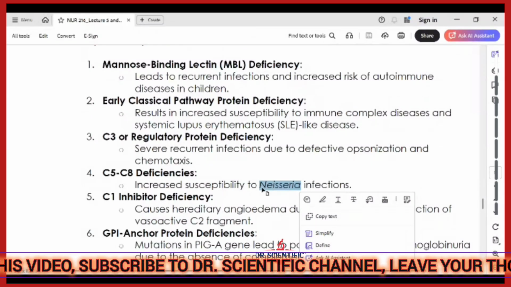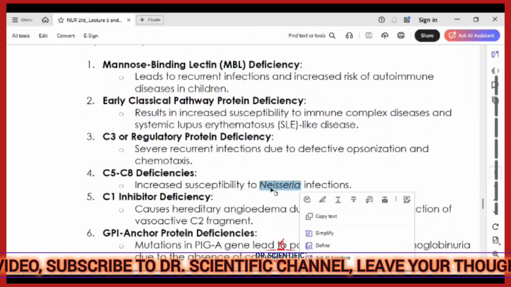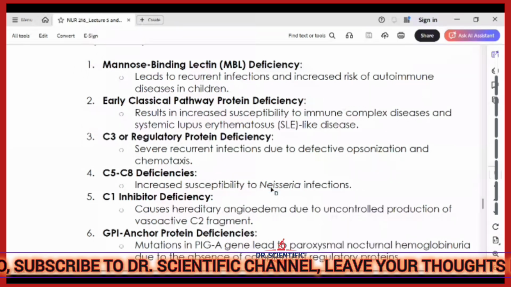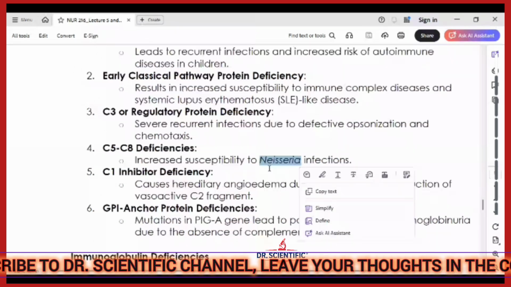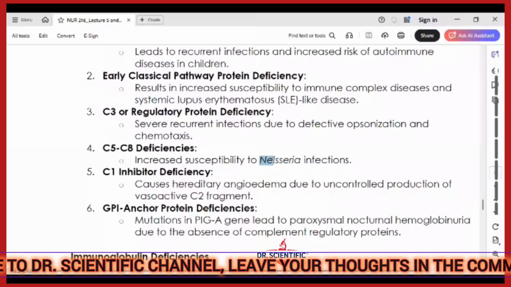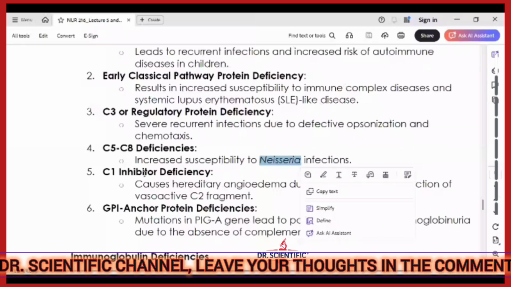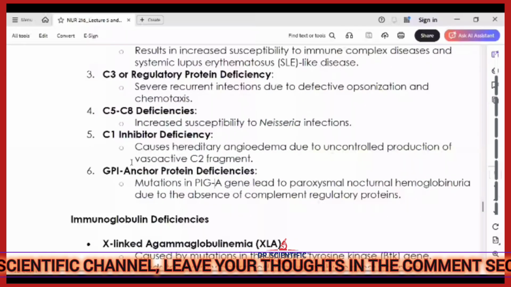Bacteria like the ones that cause what? Neisseria gonorrhea. The bacteria that causes gonorrhea, of course, is in the Neisseria family. They are very susceptible to it.